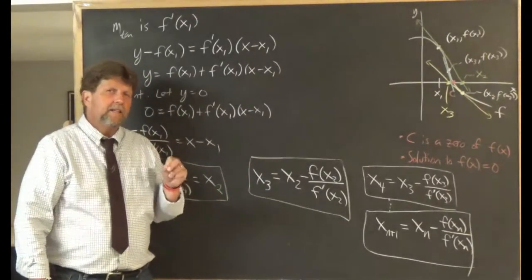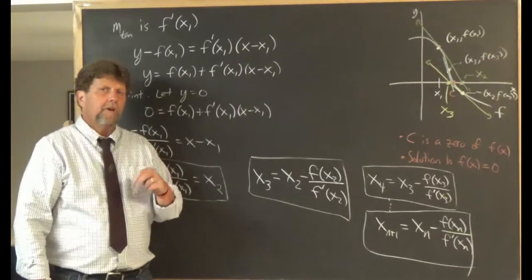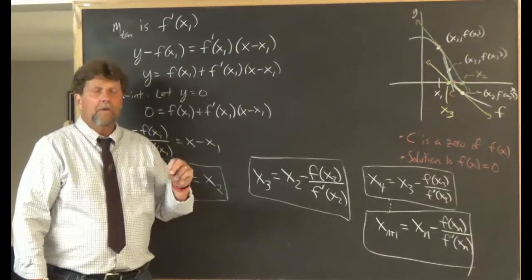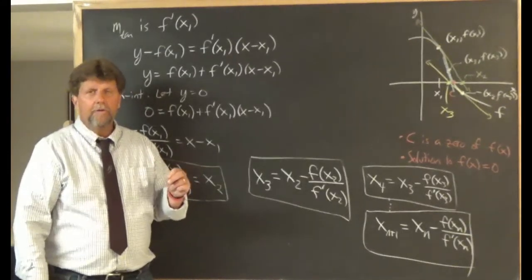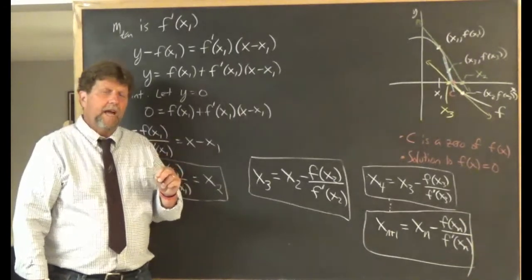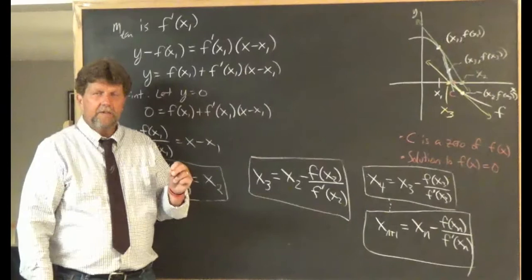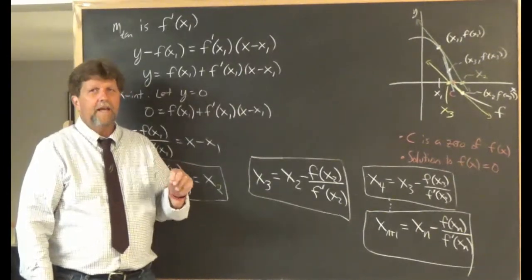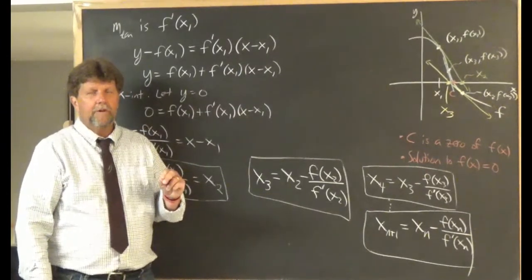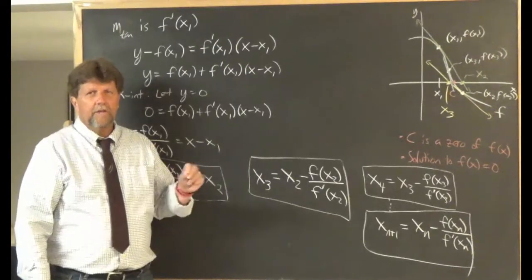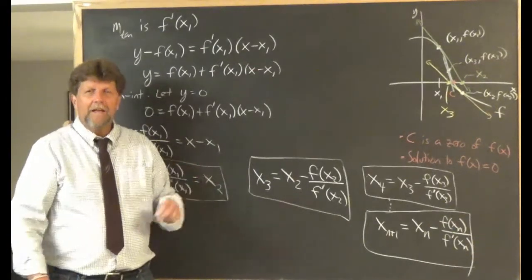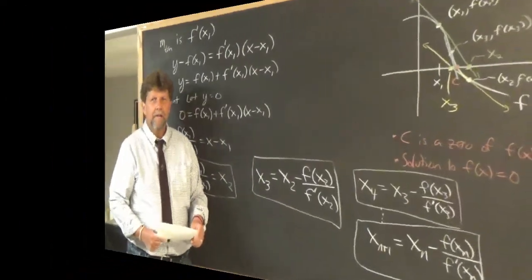This is ideally suited for us to write a program for your calculator and call the program Newton. We're going to head back to the slides and discuss writing a program for your calculator to do this. So let's see what the program looks like.